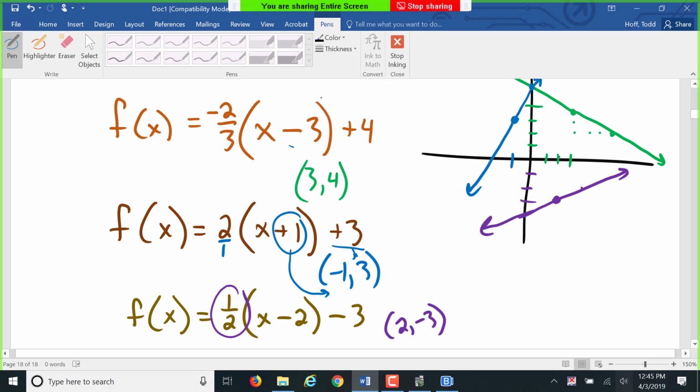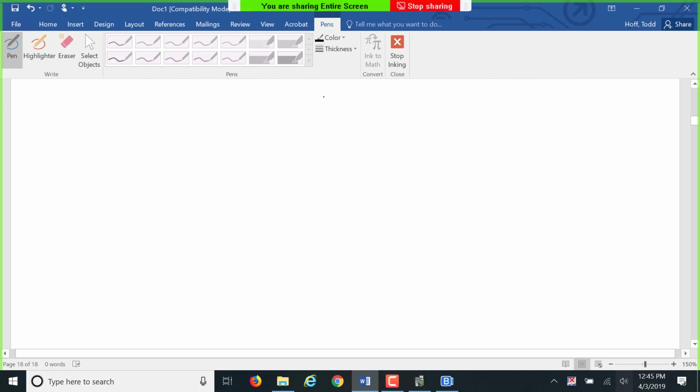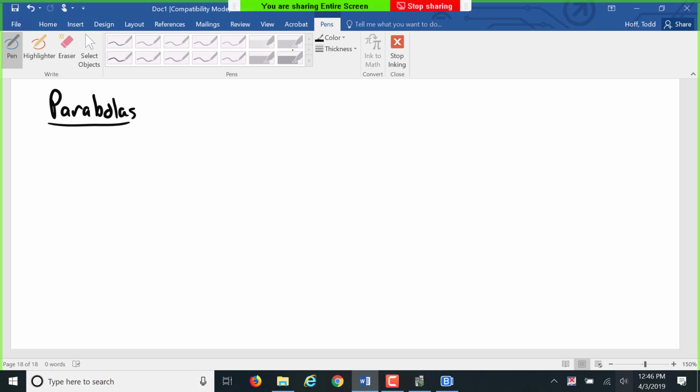The reason I went over this with lines, it's not nearly as useful with lines as it is for other graphs, is it actually does allow us to find shortcuts for graphing other types of graphs. For example, we talked about parabolas. Parabolas come from what's called quadratic equations.